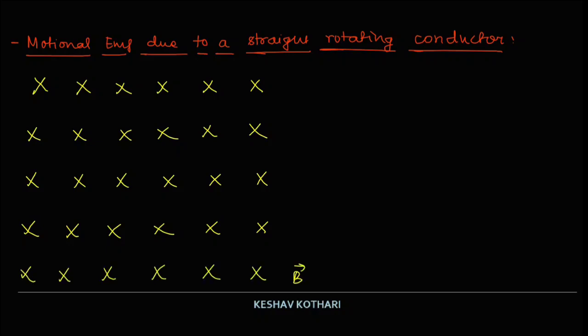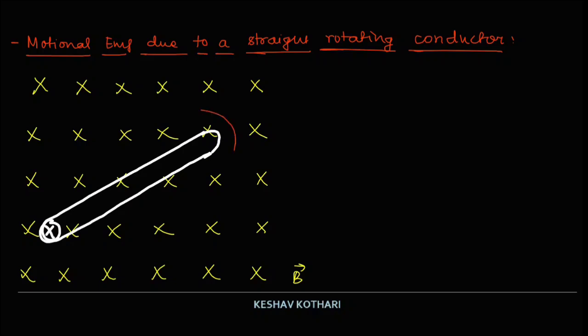So in this region of magnetic field B, we are considering that a conductor is rotated with an angular velocity omega.